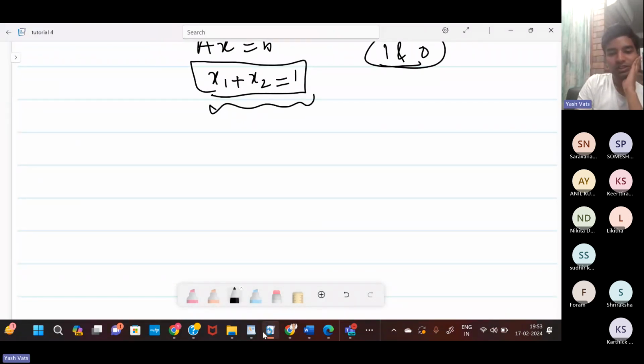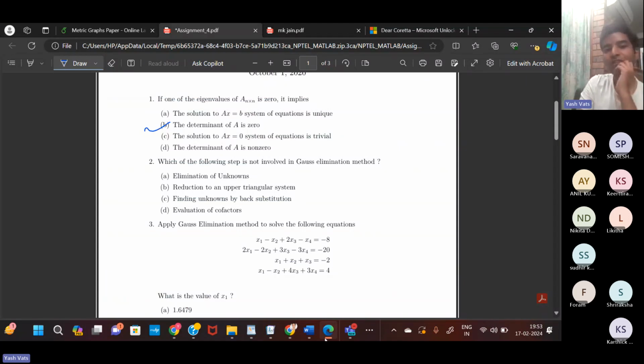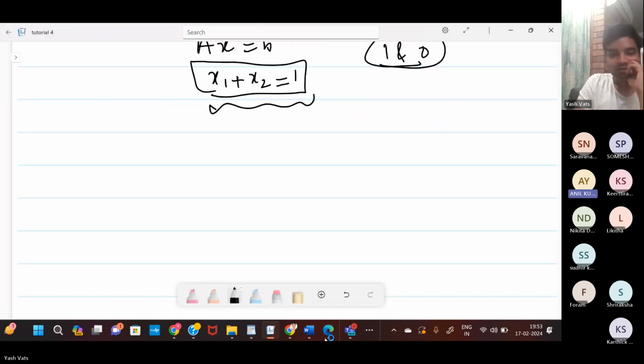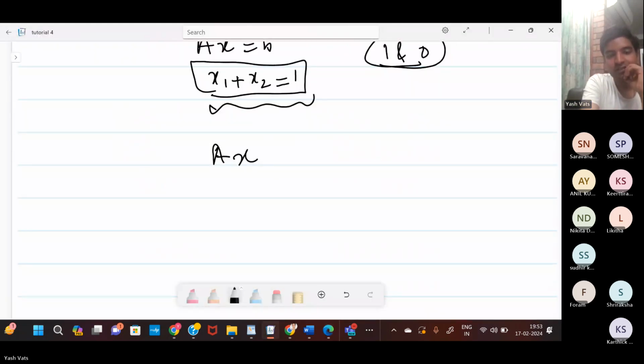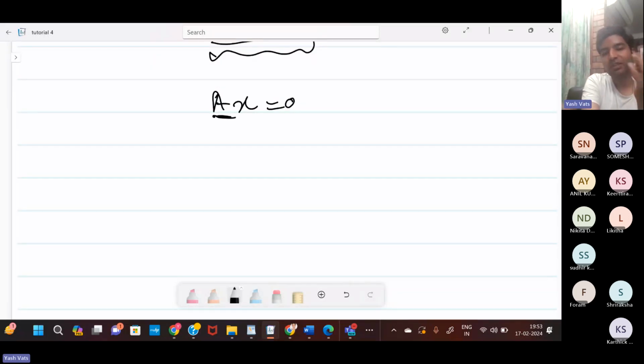And what about option C: the solution of the system of equations is trivial. Is this correct? What is the meaning of trivial here? Trivial means only the zero solution. So AX equals 0: again, if A is invertible, then if A inverse exists, then X is 0, right?